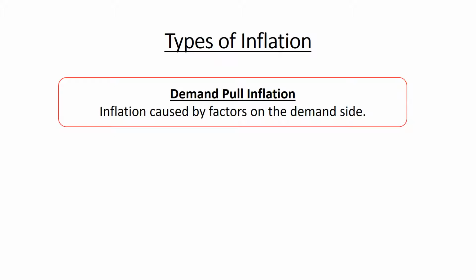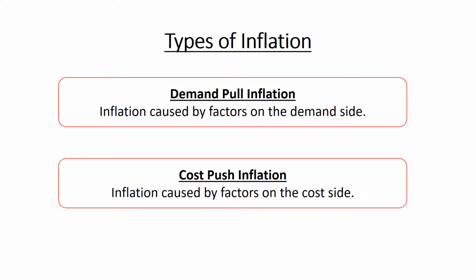This has to be compared to what we call cost push inflation. This inflation is caused by factors on the cost side. It is entirely possible that wages have increased, and that would impact the cost of producing, or the prices of inputs or raw materials have increased, and that may cause cost push inflation. So there are two types of inflation, demand pull and cost push inflation.